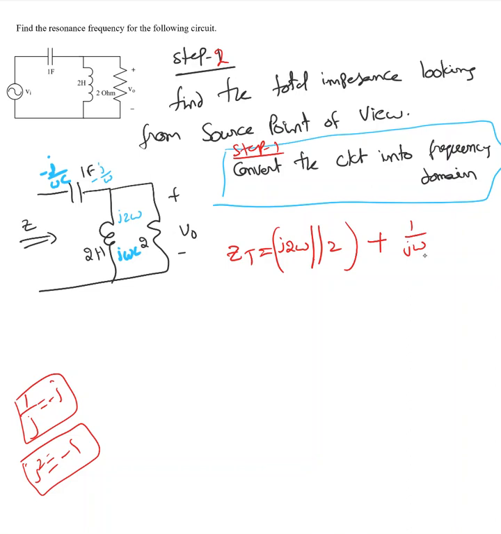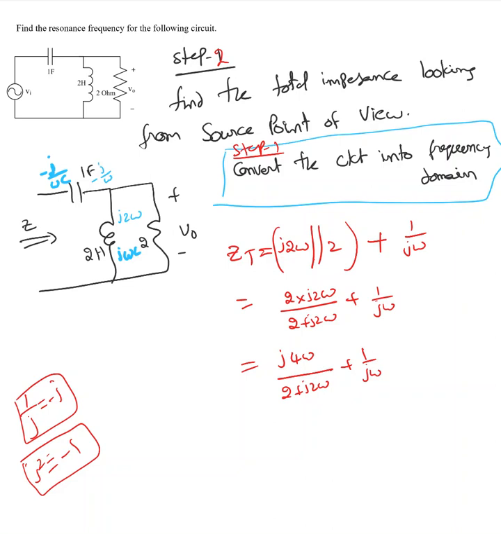I'm going to leave the j in the denominator with the omega. So this part is nothing but 2 times j2 omega over 2 plus j2 omega, plus 1 over j omega. So this whole thing I end up with j times 4 omega over 2 plus j2 omega, plus 1 over j omega.